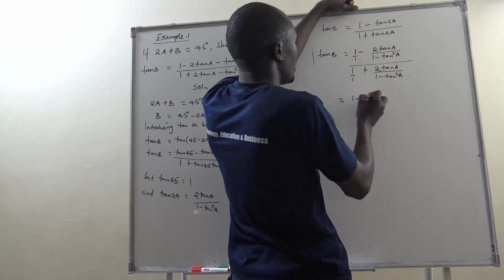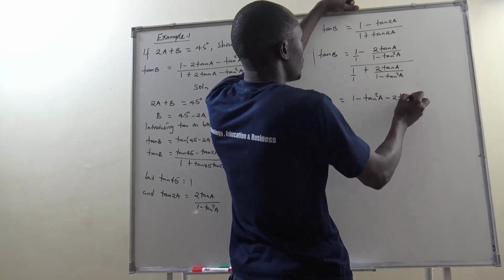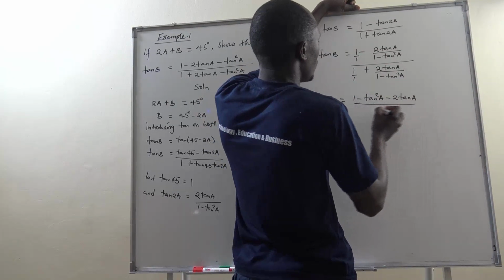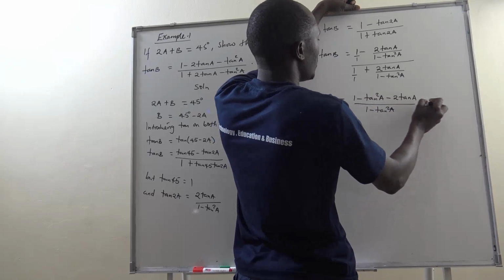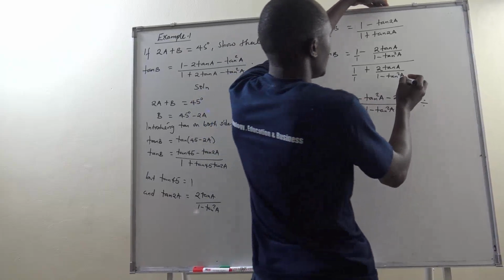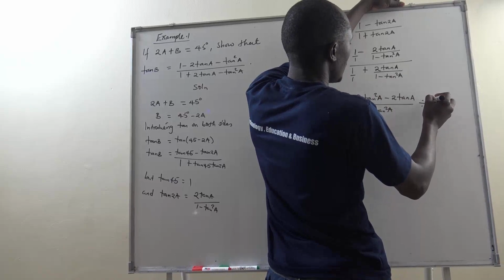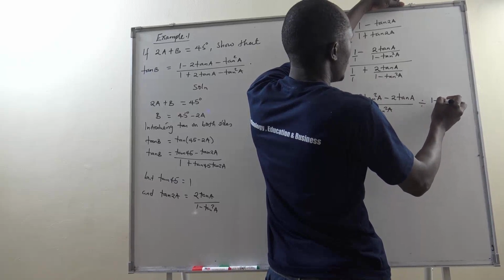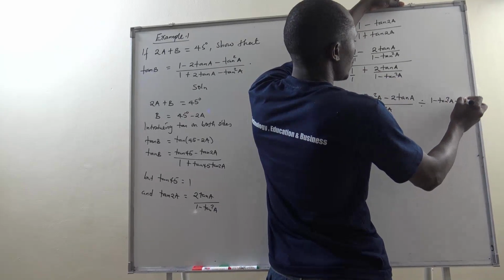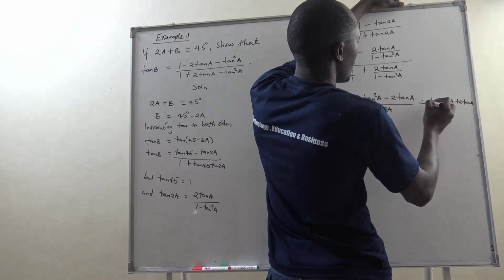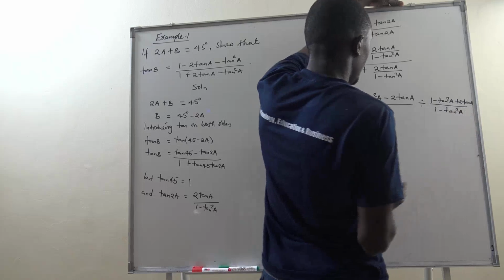It becomes (1 minus tan squared A minus 2 tan A) out of 1 minus tan squared A, divided by the same LCM: (1 minus tan squared A plus 2 tan A) all over 1 minus tan squared A.